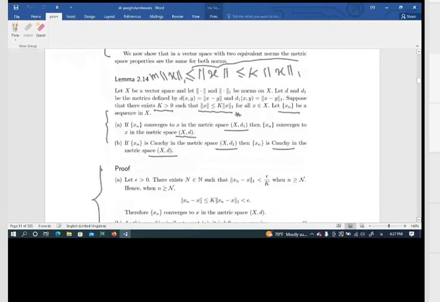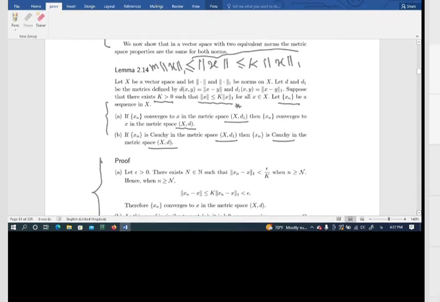Another lemma. Let X be a vector space with norm and norm 1.